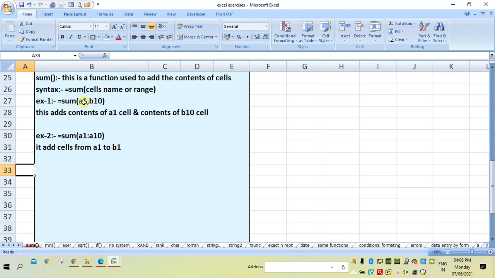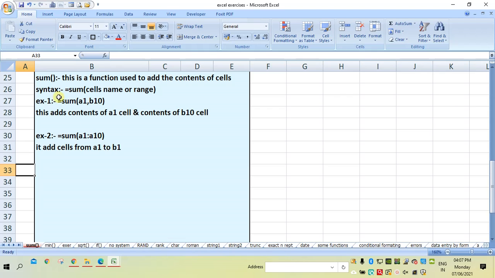Whereas if I specify equal to sum a1 colon a10, then it will add all the cells coming in between the range a1 to a10. So here syntax means it is a format in which we can write the functions.